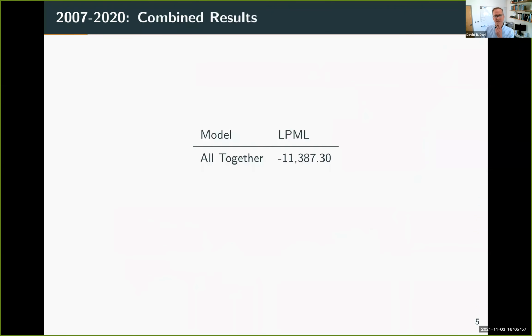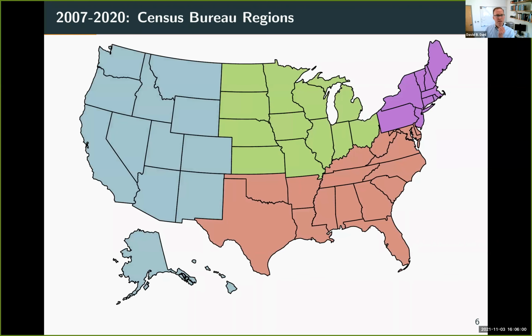But we might recognize that the Bureau of Labor Statistics breaks up the United States into 4 different regions, presumably because the labor markets are different across the United States. And so maybe the Western states are more similar in terms of the labor markets than, say, the Northeast or the South, for example.